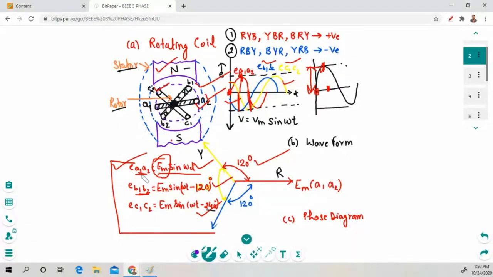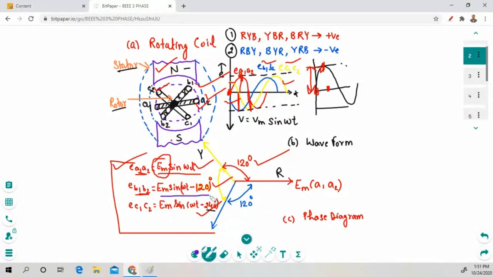As you can see, A1 and A2, two conductors, generate a voltage Em sine of omega t, and B1 and B2 is a second conductor which generates a voltage Em sine of omega t minus 120 degrees. This first conductor A1, A2 is in red color. The second, in blue color, represents the sinusoidal waveform of B1, B2, and the third one, in yellow color, represents the third phase with C1, C2.